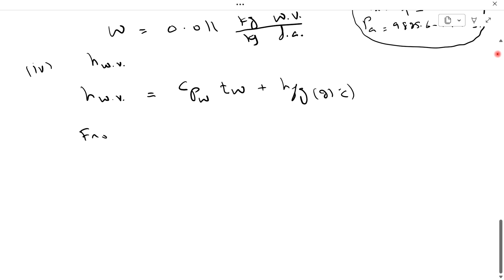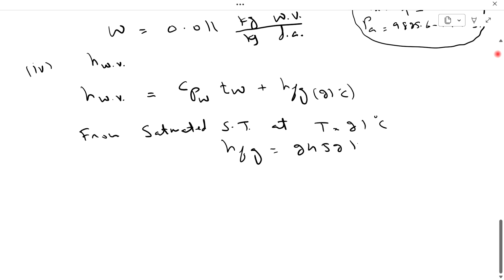From the saturated steam table at a temperature of 21 degrees centigrade, HFG is 2452 kilojoule per kilogram.